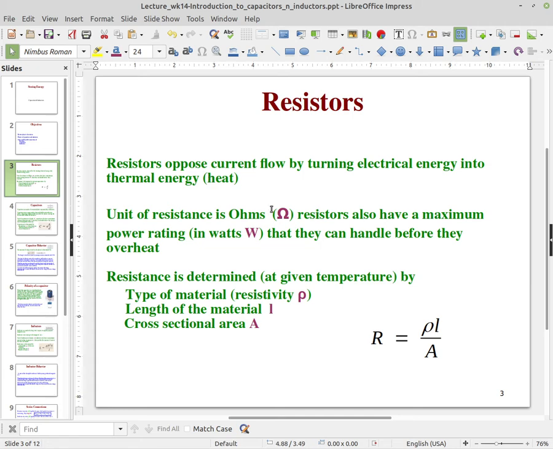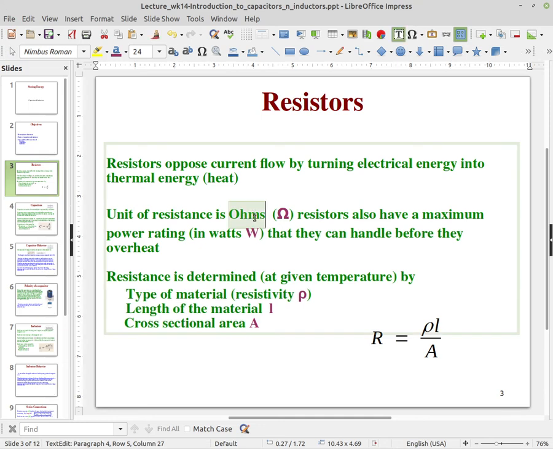So when we purchase a resistor, we're going to purchase it based on, number one, what its actual resistance to current flow is, and number two, a power rating. So when we look at capacitors and inductors, we'll also have two values to consider.